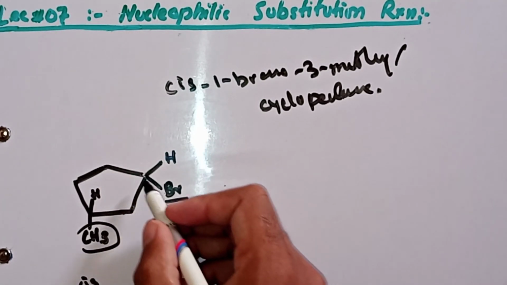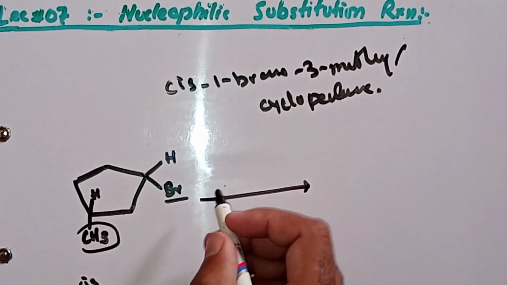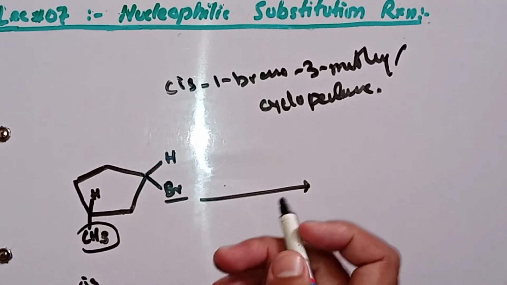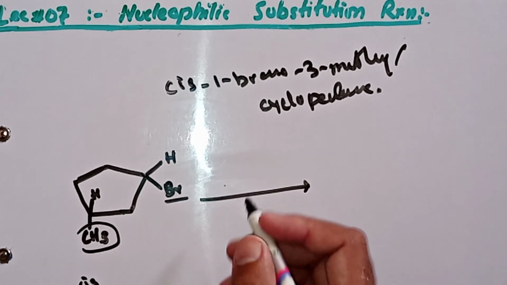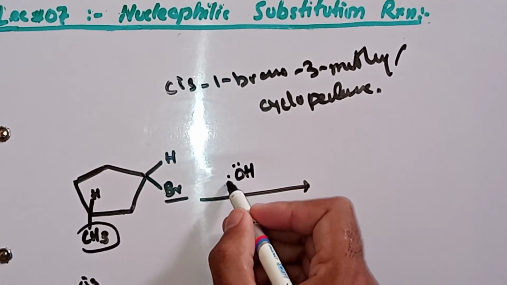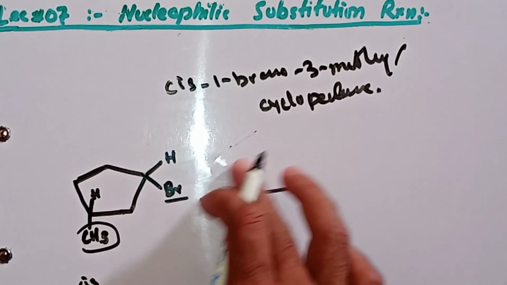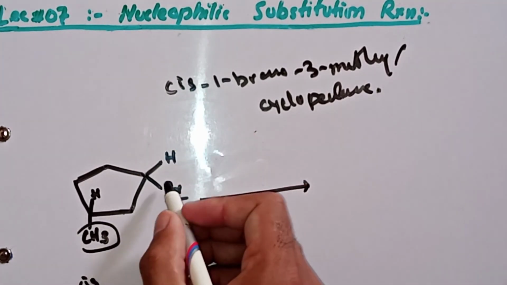But here, when the SN2 reaction involves attack by the hydroxyl ion, a strong nucleophile and strong base, that is NaOH or KOH, this strong base will attack this electrophilic carbon.